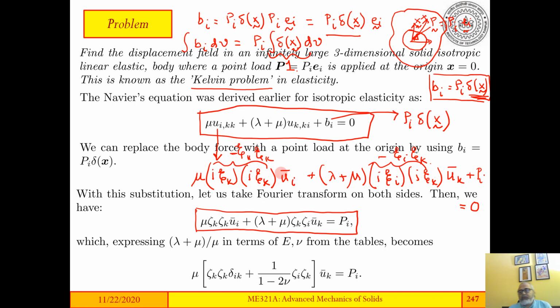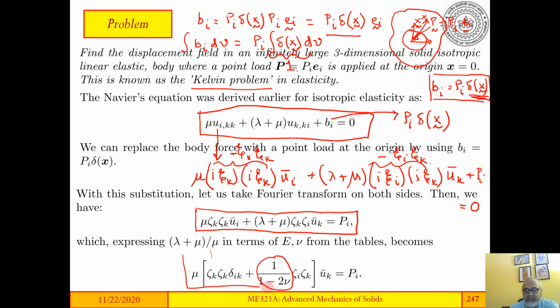And from the tables of elastic constants, we can replace lambda plus mu by mu; if you look at the table, lambda plus mu over mu is equal to 1 minus 2 nu. So we just replace it with Poisson's ratio, take the mu outside, and this is what we are left with.